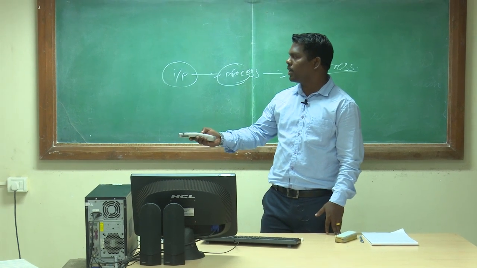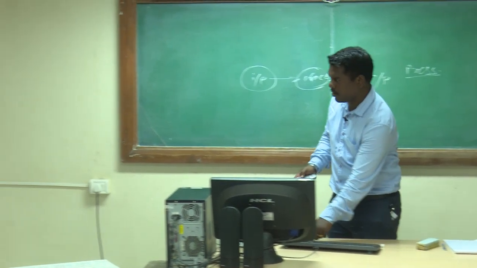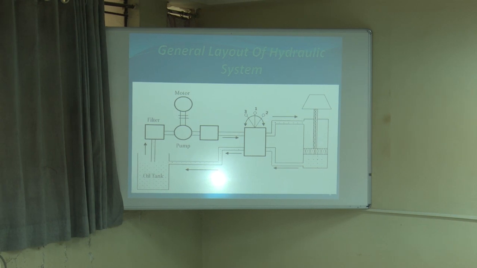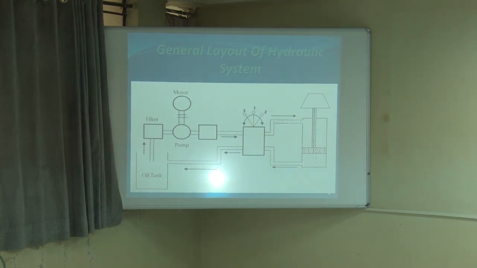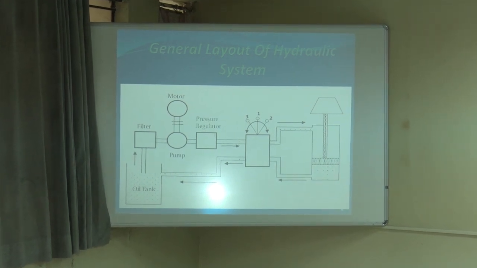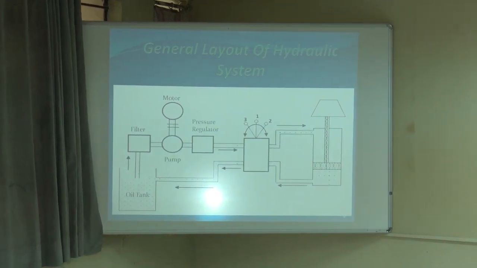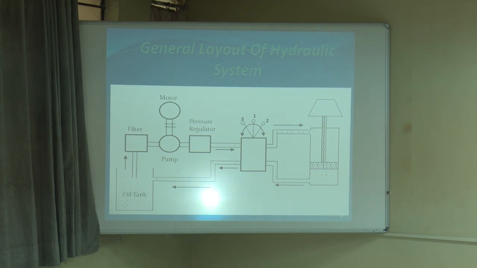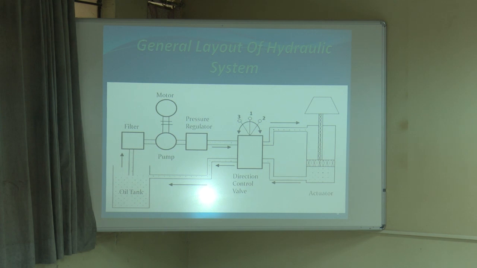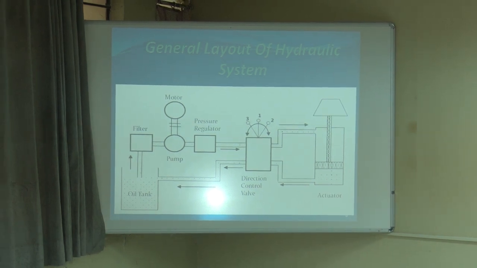Then it comes to the pump and motor, where hydraulic energy is converted into mechanical power. Then it is transferred to the pressure regulator, where we can control the pressure. If pressure is more, we can stop it, we can control that pressure. Then it comes to the direction control valve, where three operations may be carried out, 1, 2, 3, which we can discuss later. Then it goes to the actuator, so the process goes from the oil tank to the actuator.